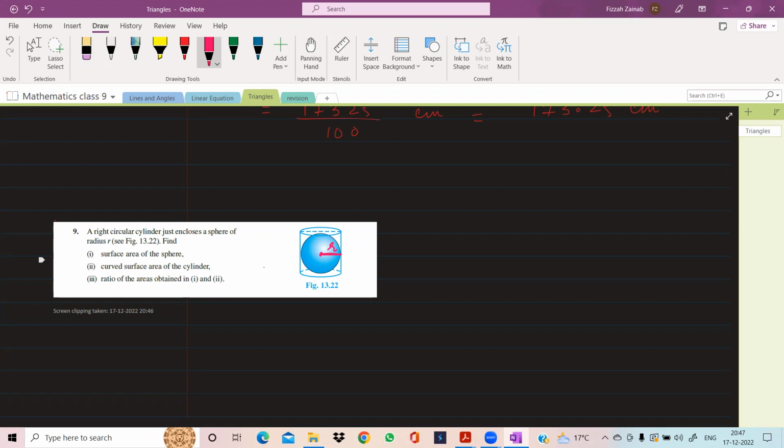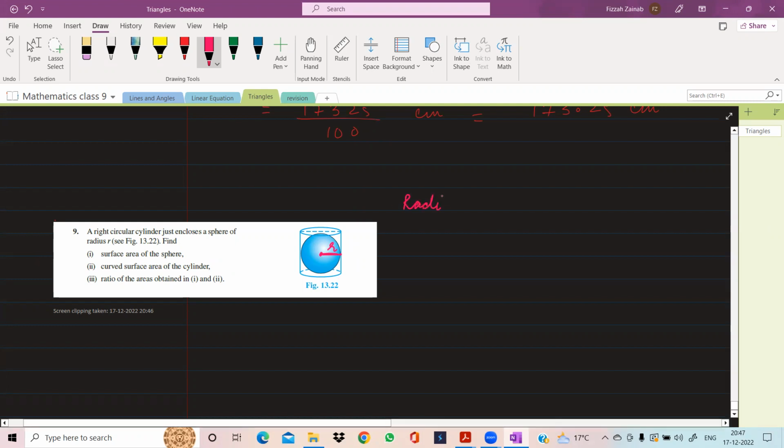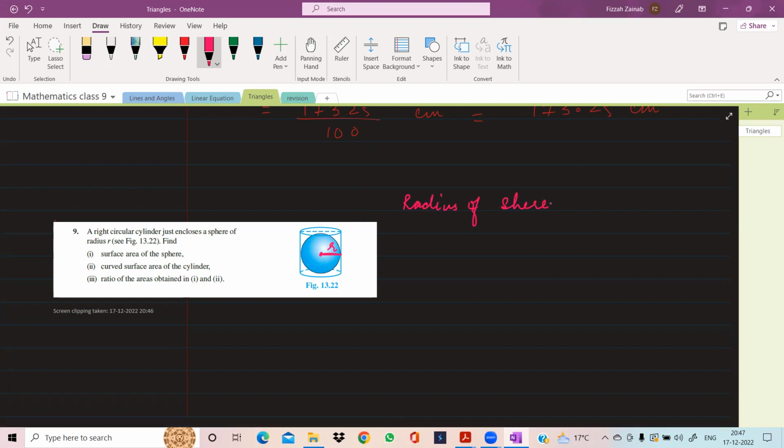Okay. So here you can write radius of sphere first of all, because in the formula you only need radius. So radius of sphere small r, also radius of cylinder is also small r. Okay. Now first part. Surface area of sphere.